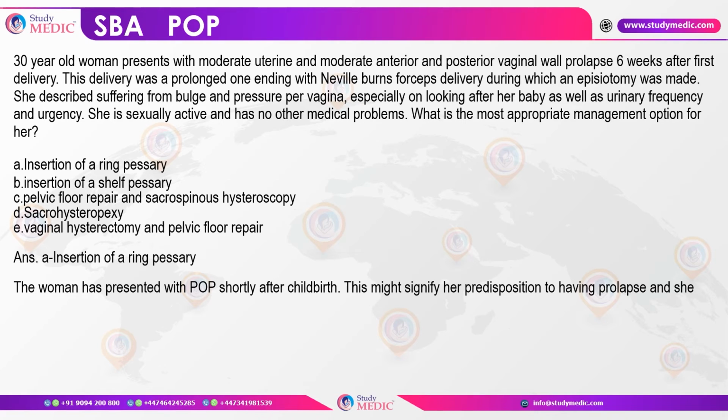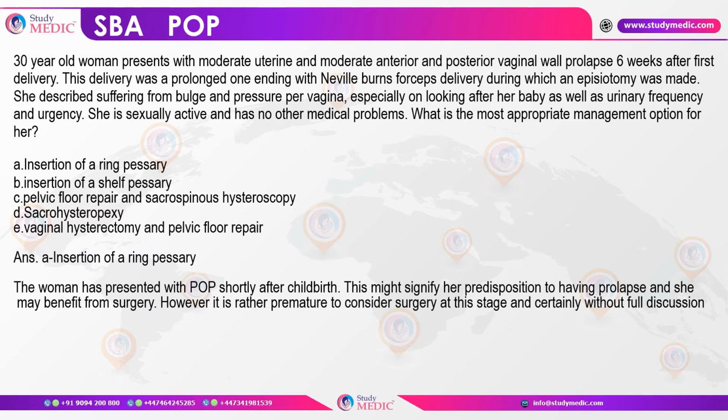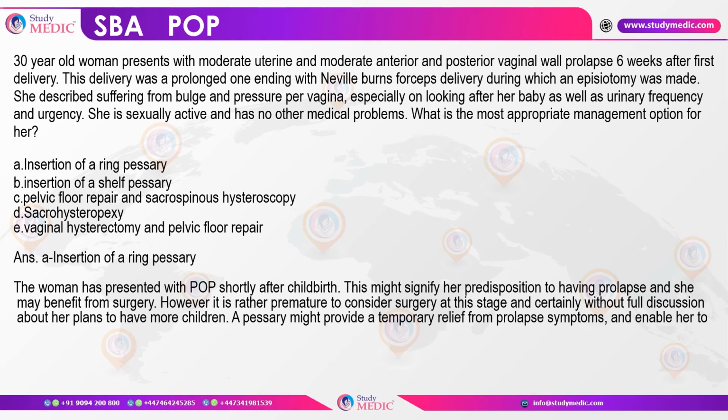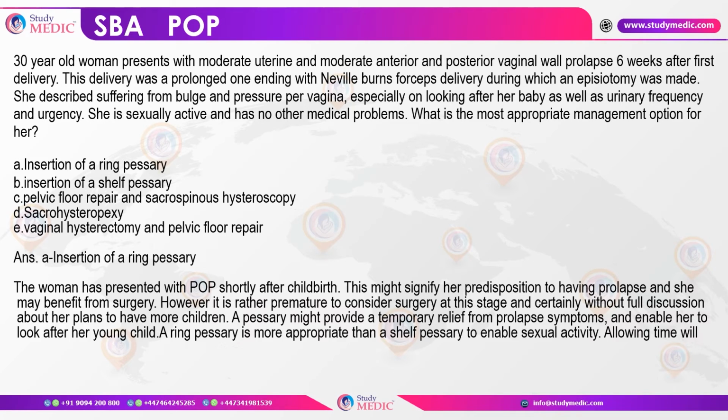Why is it? Because she has just presented shortly after childbirth. Though it indicates that she might have a predisposition to uterine prolapse, that would be seen at a later age. Insertion of a ring pessary right now is going to relieve her symptoms, and it gives her time to complete her family and then think about a permanent surgical option.